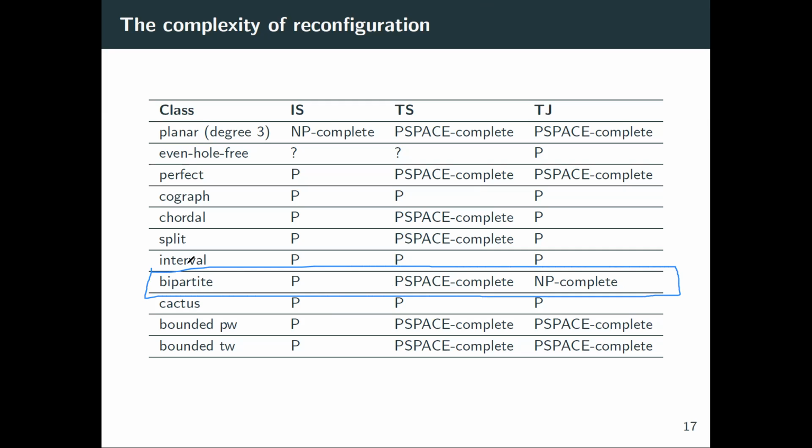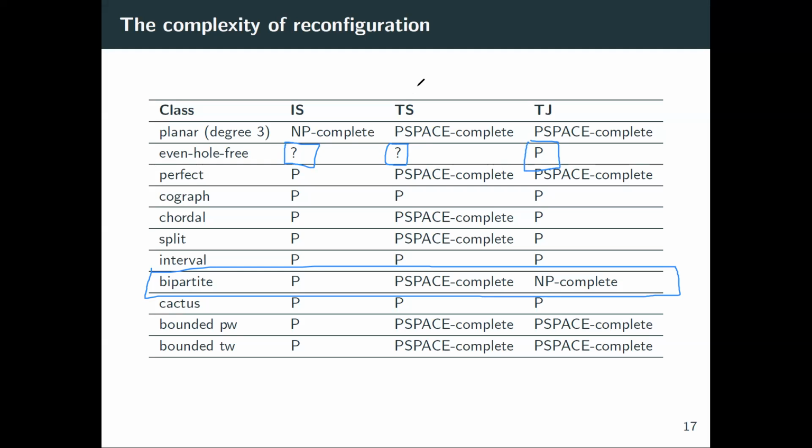But there are some very interesting results here that are also worth mentioning. For example, for even-hole-free graphs, we know how to solve token jumping in polynomial time, but the complexity of independent set even remains open on this class of graphs. And the complexity of token sliding also remains open. So we don't know how to check, given 2 independent sets, if I can slide one to the other.